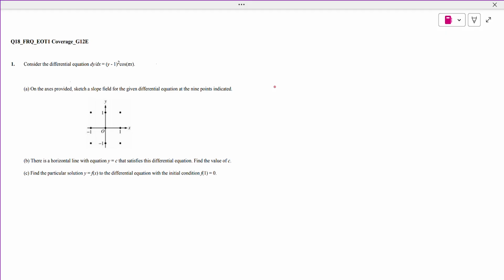So first of all, let's rewrite the differential equation. dy over dx equals (y minus 1) squared times cos of pi x.